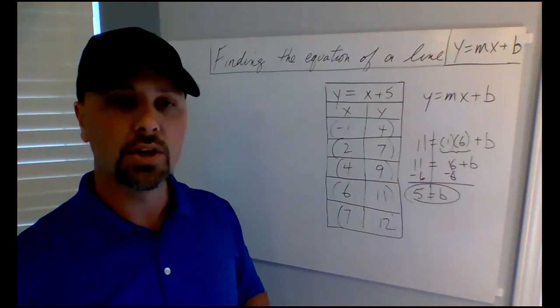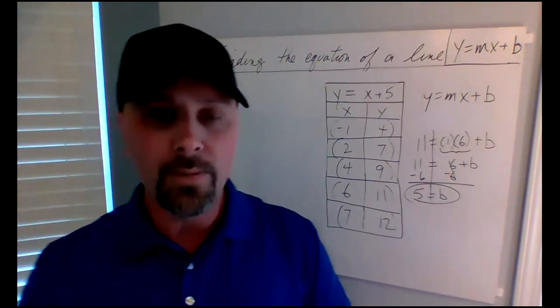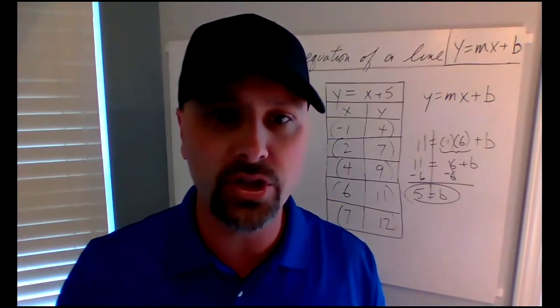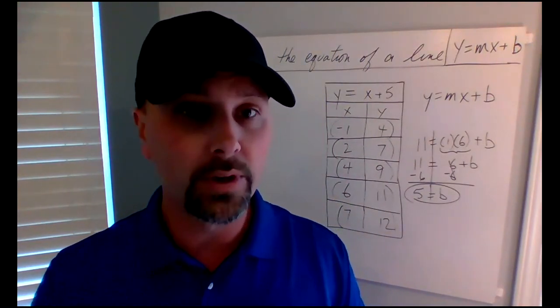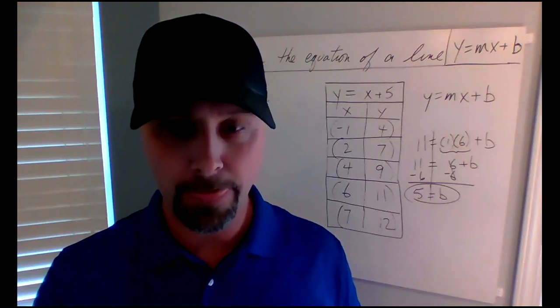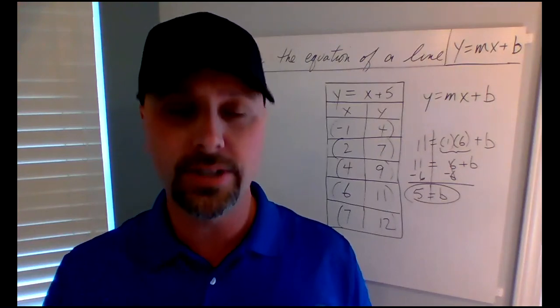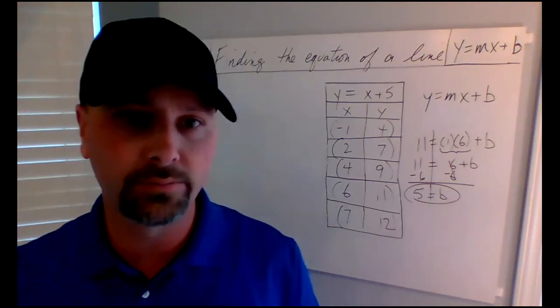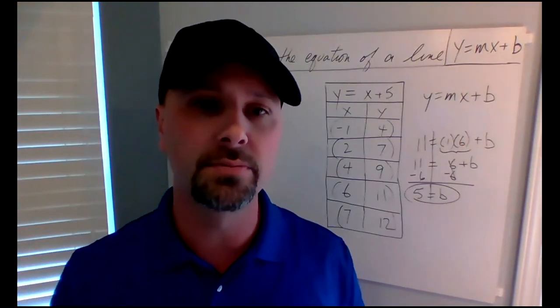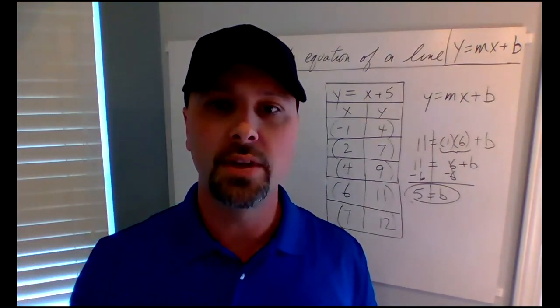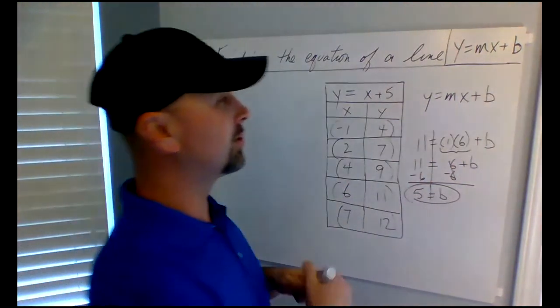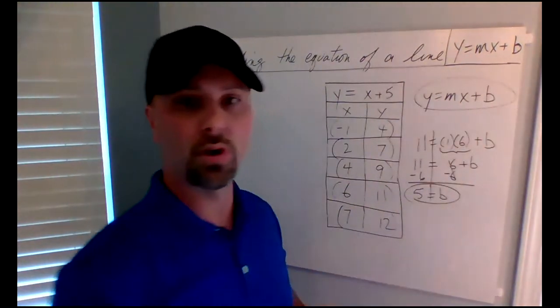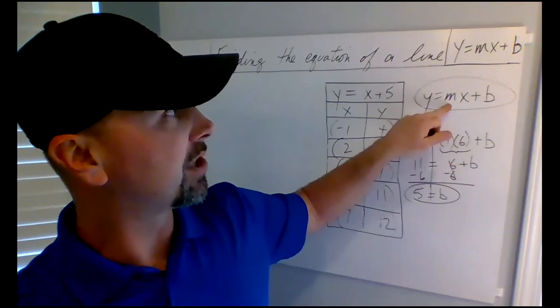All right. So when you are trying to write an equation of a line from 2 points, what you got to do first is get your slope, because you can do that. You can get your slope from 2 points. Once you know your slope, then you go back to slope-intercept form, okay? Because you have your slope.